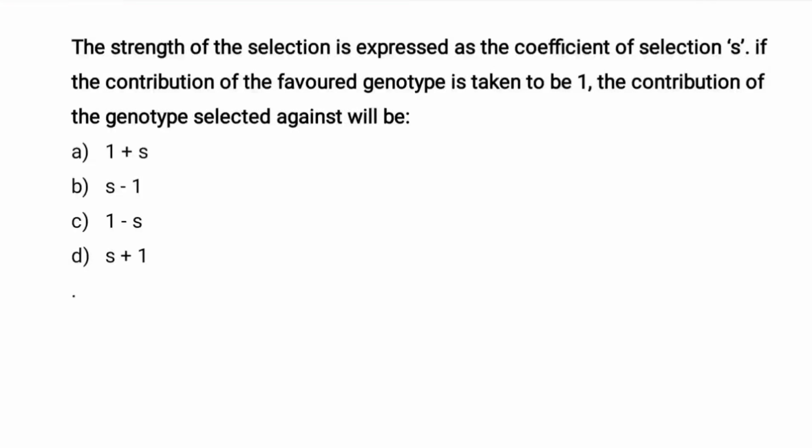A positive selection coefficient means that natural selection favors the variant. Negative means it is selected against. 0 means it is neutral. For example, when the fitness of one genotype is expressed relative to another, it is termed relative fitness, and if the coefficient is 0.1, the fitness would be 1 minus S, that is 0.9 or 90%. So our correct option will be option C, which is 1 minus S.